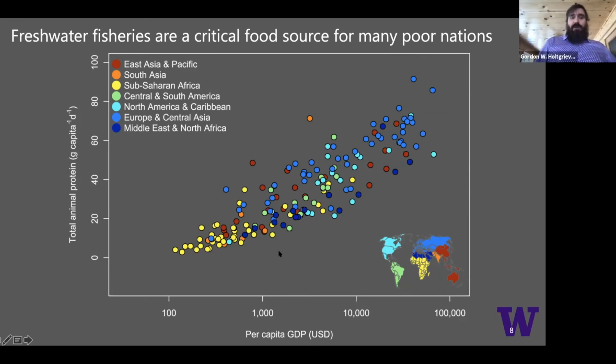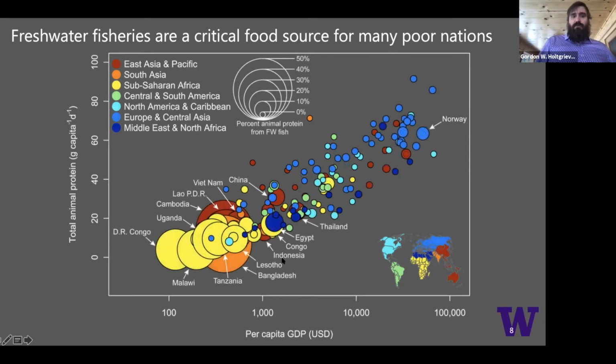If we rescale these dots and ask what proportion of that animal protein is coming from freshwater fish, there's another real clear trend here. And that is, these countries down here on the lower end of the economic scale are getting a disproportionately high amount of their protein from freshwater fish compared to other countries.